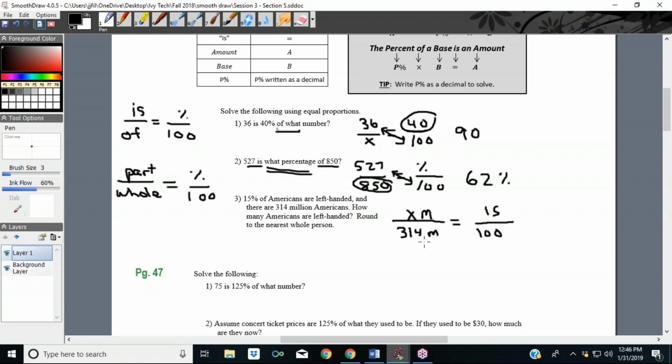So 15 times 314 million divided by 100 is going to leave us with the number of millions. And let's go with 47 point, was there a decimal after that? 47.1, I think I got 47.1 million left-handed people. Or southpaws if you prefer.